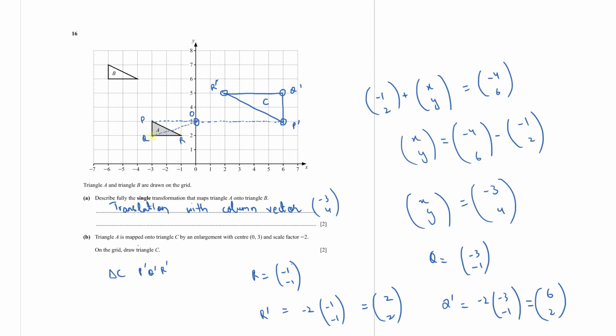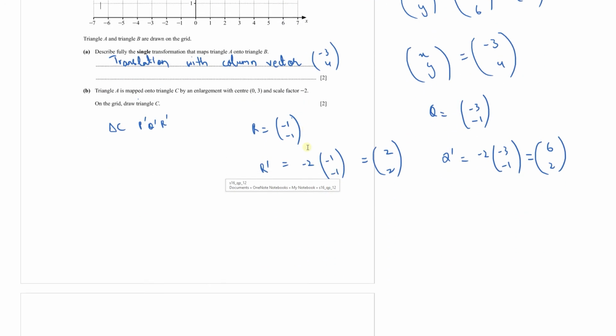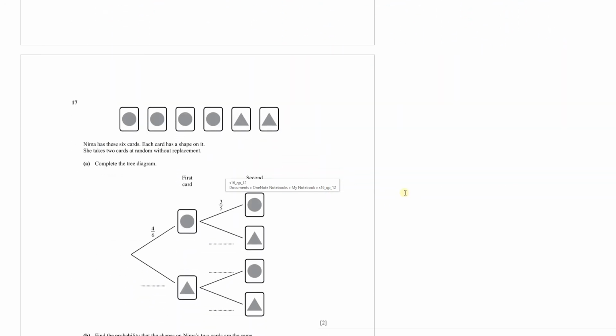So 2 centimeters this way, and then another 2 centimeters, you will end up somewhere here. So if this was +2, Q prime would be this one. But since it's negative, we draw on the opposite side of the center of enlargement. So both methods are fine. You can use either one to draw the triangle after enlargement.